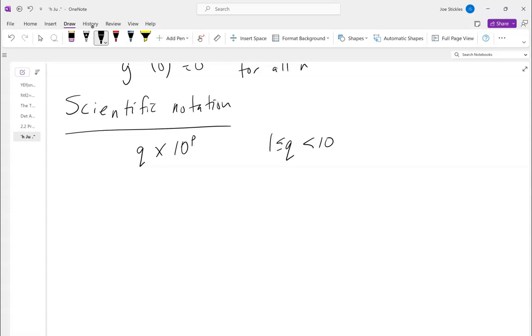Now, we're going to change this over to a different way of expressing something in what looks like scientific notation. But we're going to change it to a different base. For our purposes, we're going to change everything to base 2. Because again, we're dealing with computers. Computers only know how to turn switches on and off.